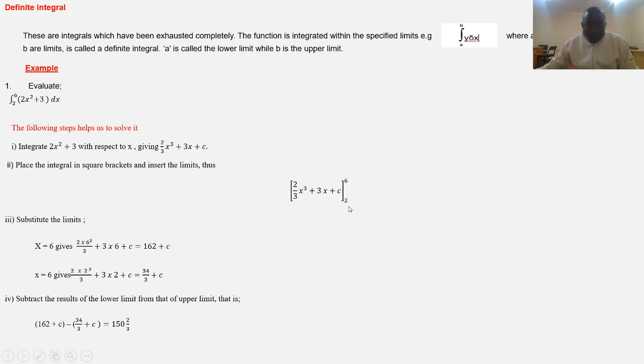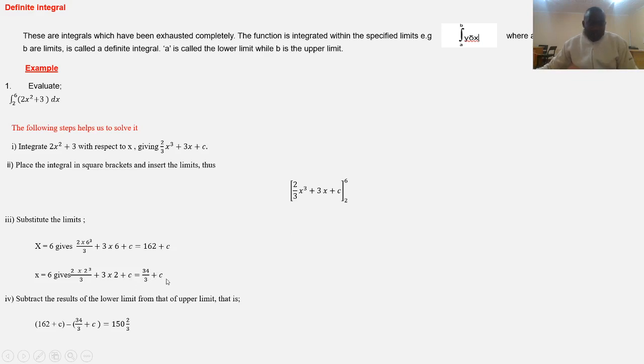And then we also substitute x with 2. If we substitute with 2, it will give you 2 over 3 times 2 to the power 3 plus 3 times 2 plus c, which gives you 34 over 3 plus c.